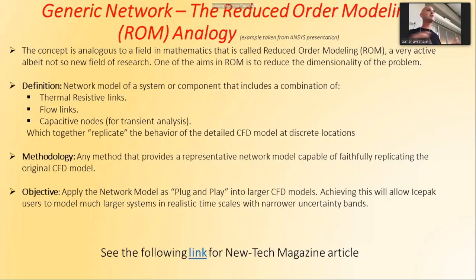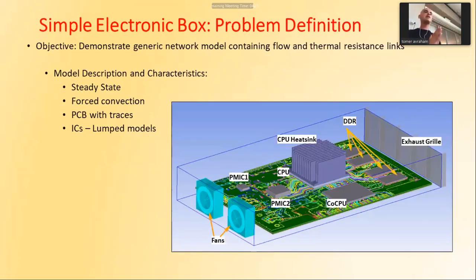So imagine we have a module. You see here the module, it has two fans. The fans have a range of validity, a range of boundary conditions. We have an exhaust grill here. We do a CFD for a set of boundary conditions, kind of an optimization process, and we get a Delphi model.